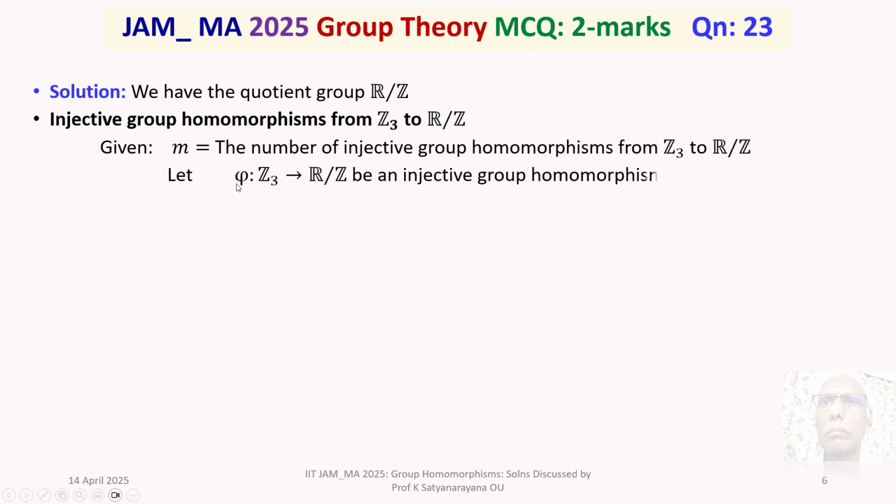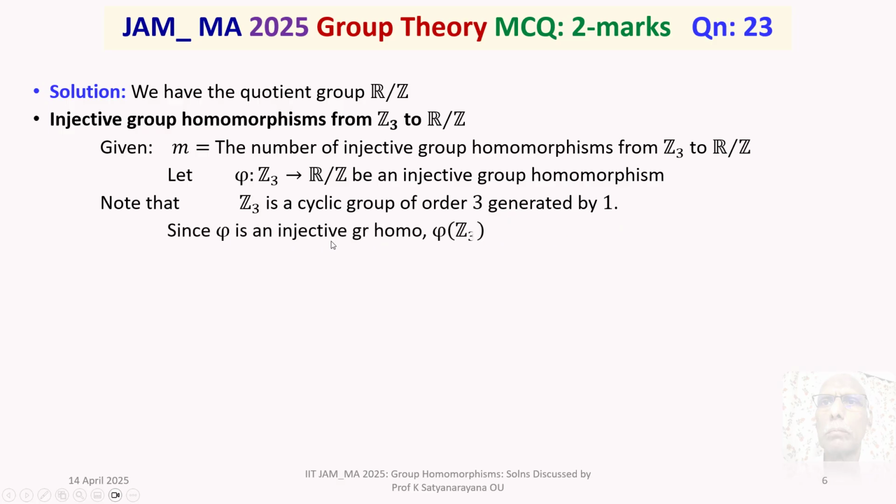Let phi be a map from Z3 to R/Z, an injective group homomorphism. Note that Z3 is a cyclic group of order 3 generated by 1. Since phi is an injective group homomorphism, phi of Z3 is a cyclic subgroup of order 3 in R/Z.